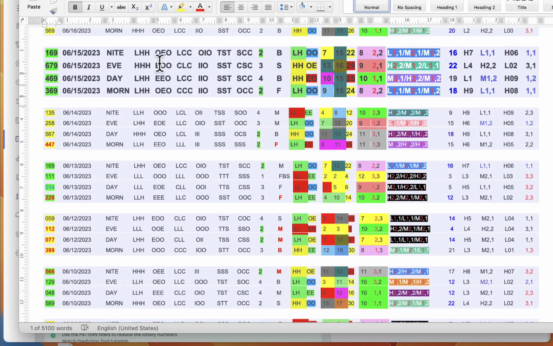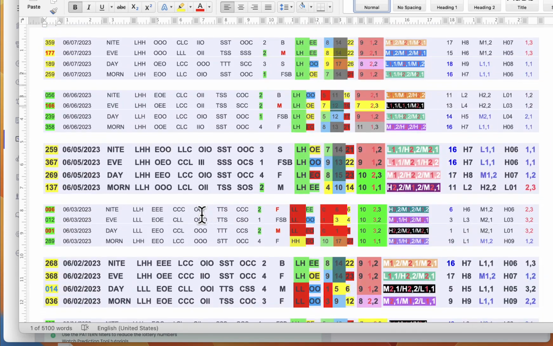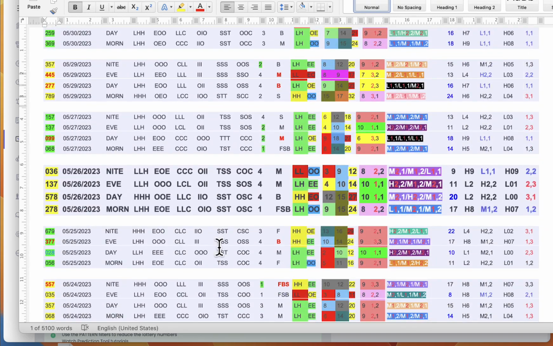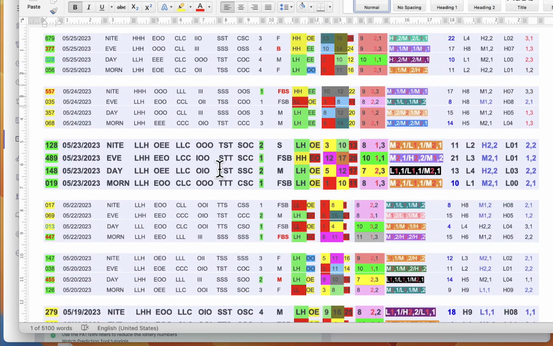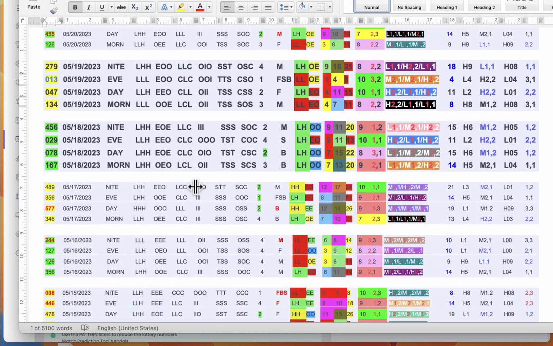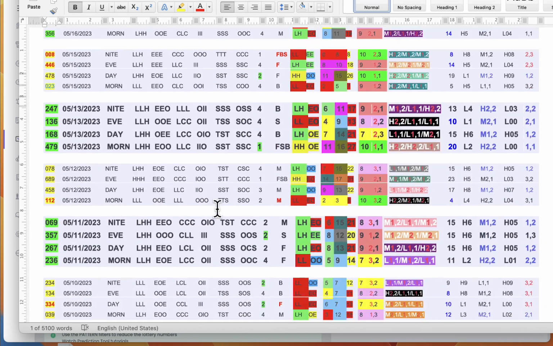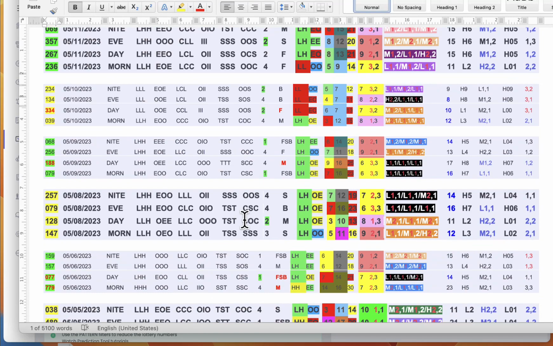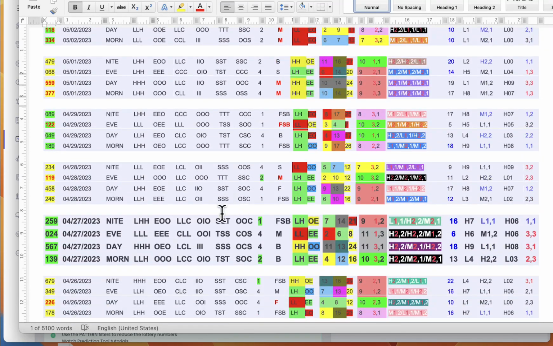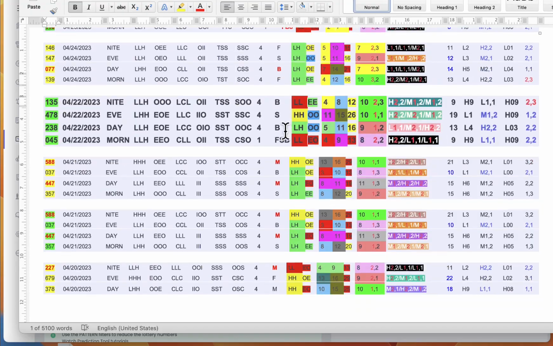Look, 1 missed day, doubles. 1 missed day, doubles. 1 missed day, doubles. This is the only 2 missed days in Texas since May. And then doubles. 1 missed day, doubles. One missed day, multiple doubles, one missed day, doubles.